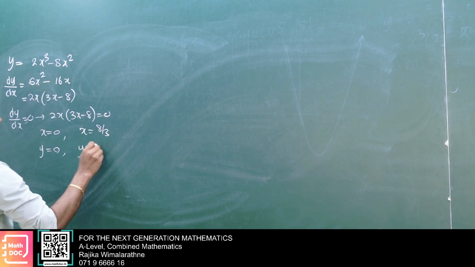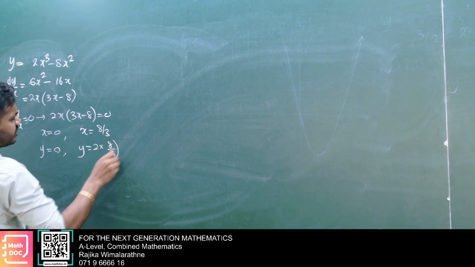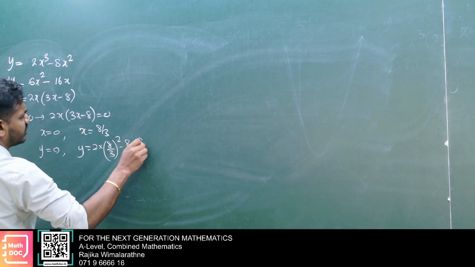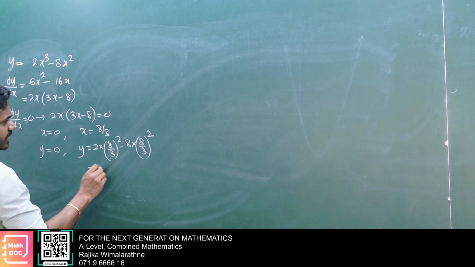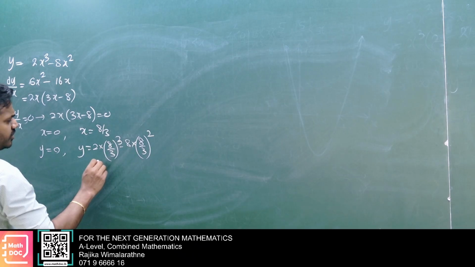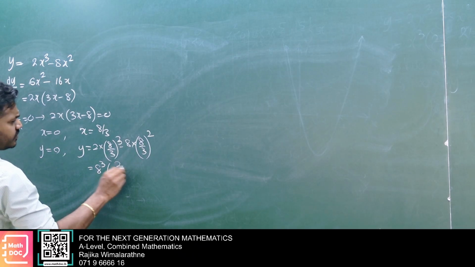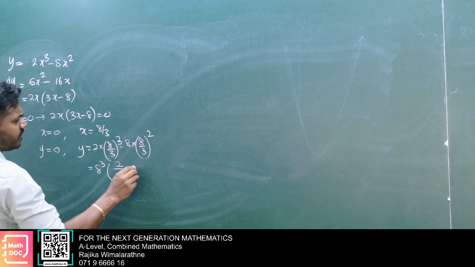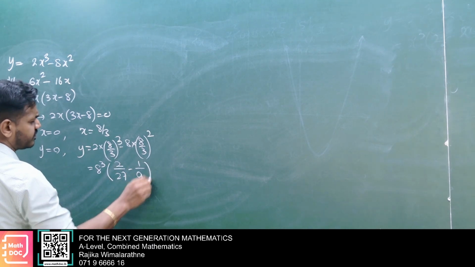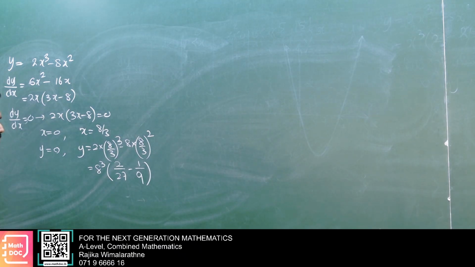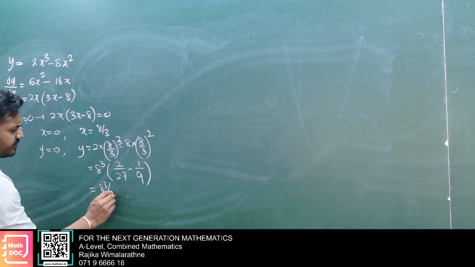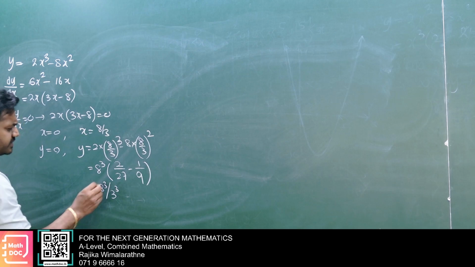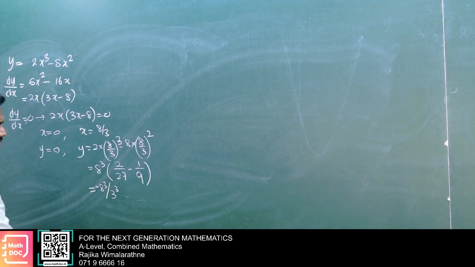Here substitute: take 8 cube outside, here 2 over 27, 1 over 9, minus 8 cube over 3 cube, minus 8 cube over 3 cube. Now need to simplify.